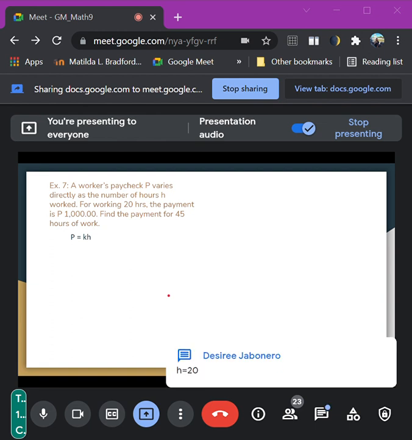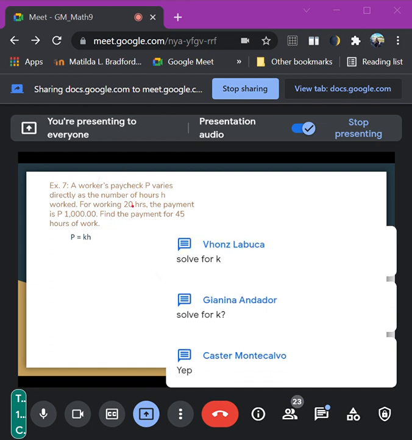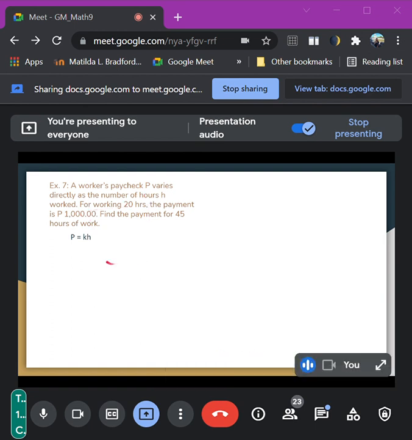Solve for the constant. So, you can have your 20 as your hours or H, and then 1,000 is your pay or sweldo. So, you can have 1,000 is equals to K times 20. So, ari ra na siya gikan, gi-substitute na nato ang P, 1,000, ang H kay 20.